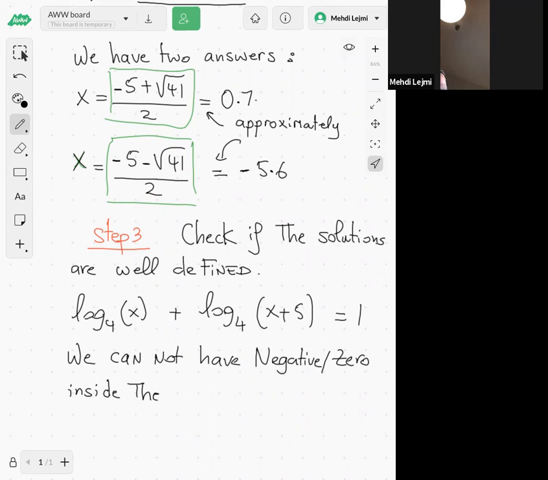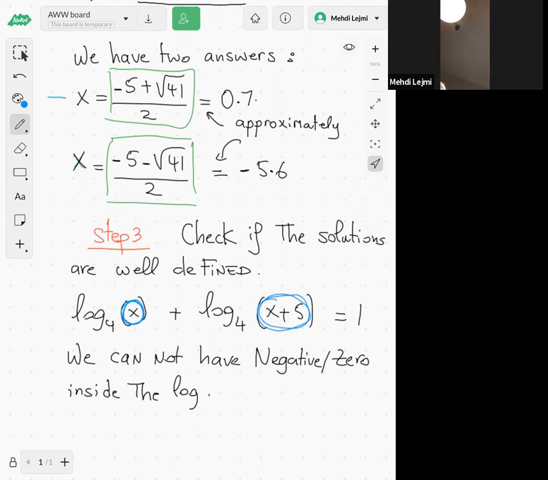So inside the log, here I have x, and here inside the log I have x plus 5. So we need to make sure that this x and this x plus 5 are positive when x is equal to my solution, right?